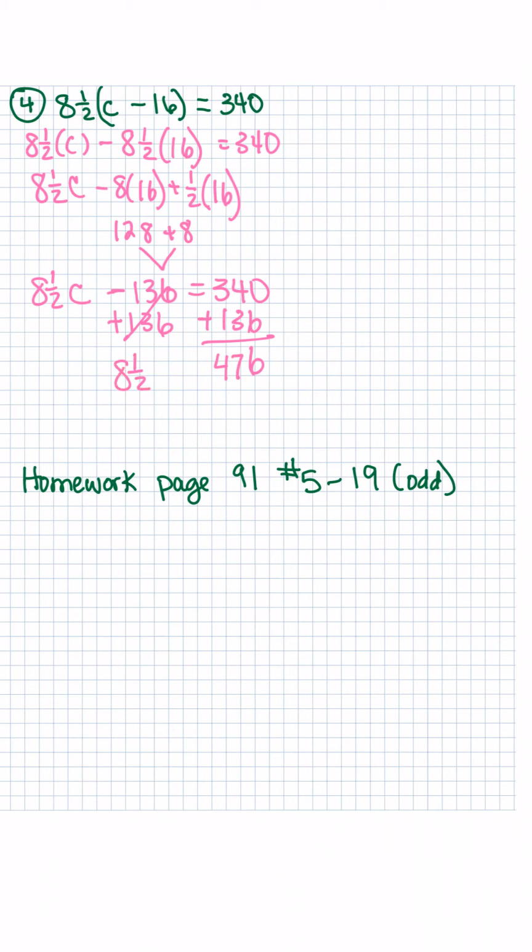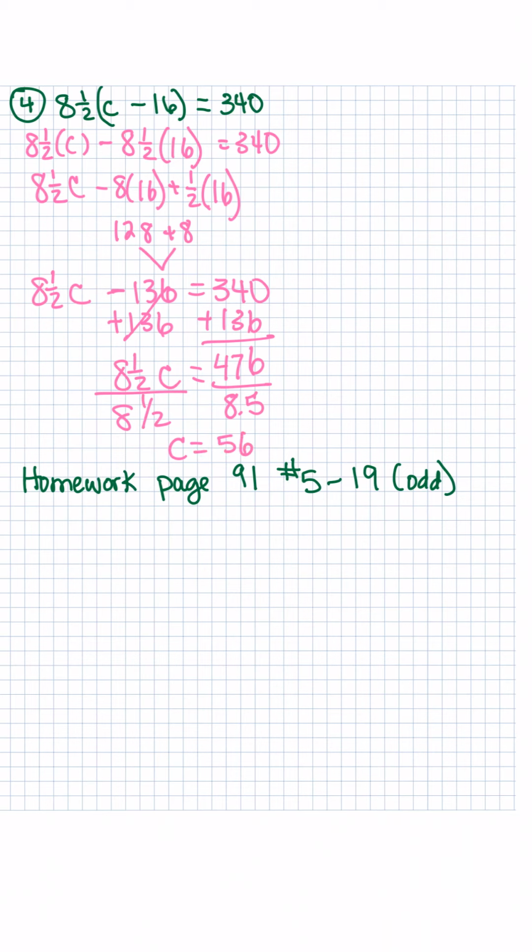So 8.5 C equals 476. Going to divide by 8.5. And at this point, it would be easiest if you divided by 8.5, so changing the fraction into a decimal. And when you divide 476 divided by 8.5, you are going to get 56.